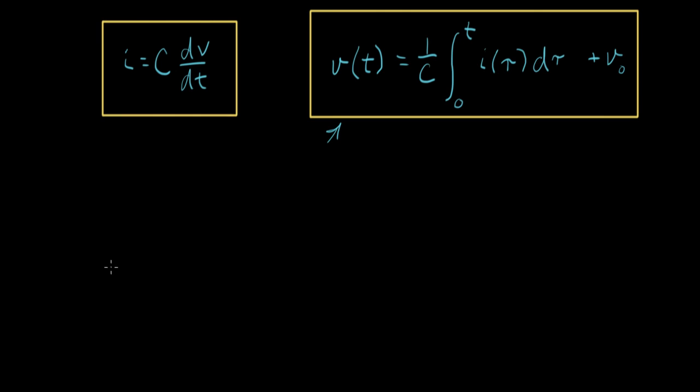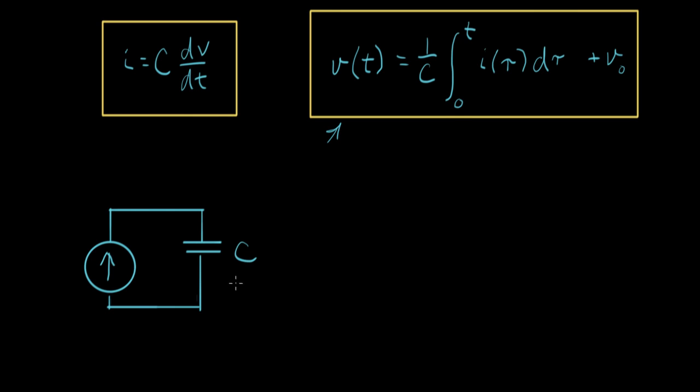I'm going to draw a little circuit here. And it's going to have a current source and a capacitor. The value of the capacitor is 1 microfarad, and the value of our current source, we'll call it big I, and it's going to actually look like a pulse like that.